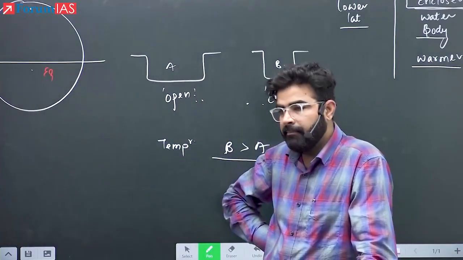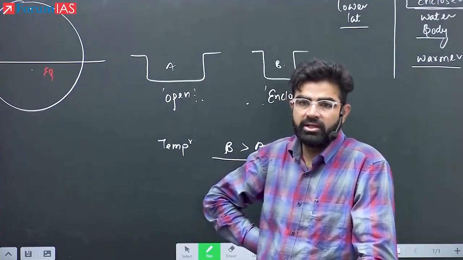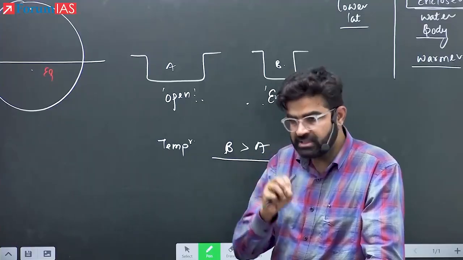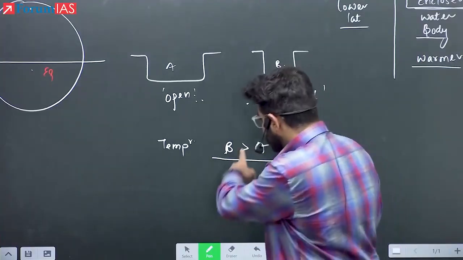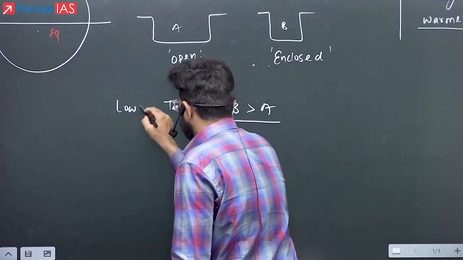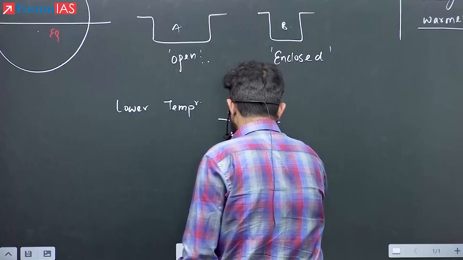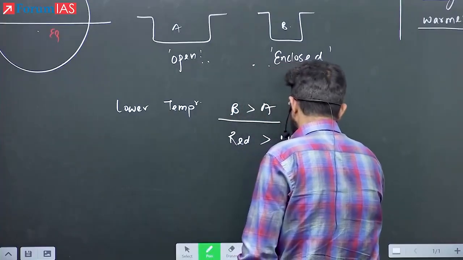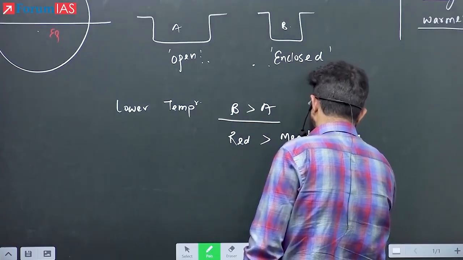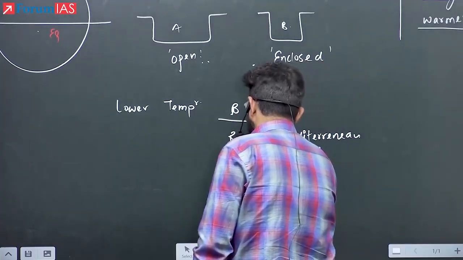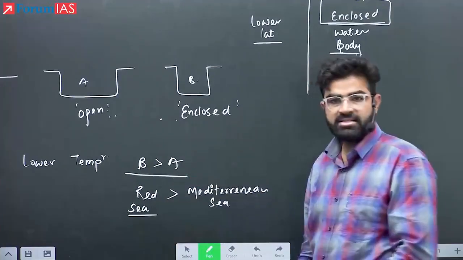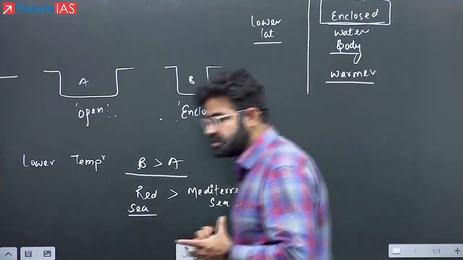Now tell me where the temperature would be more, in the Red Sea or the Mediterranean, keeping only this factor in mind. Red Sea. Why? Because it is more surrounded by the land. So the example we are talking about is the lower latitudes, and in these lower latitudes the Red Sea will have more temperature than the Mediterranean. They will give you this question in this form: the Red Sea experiences more temperature than the Mediterranean.